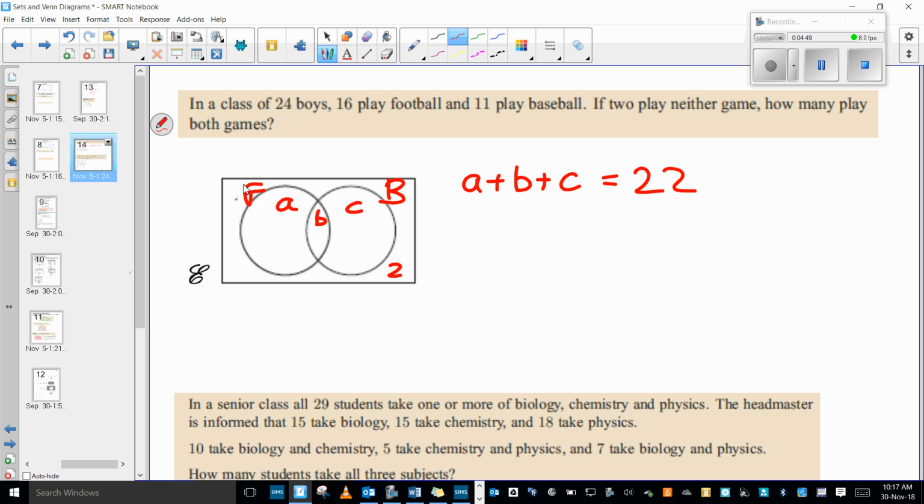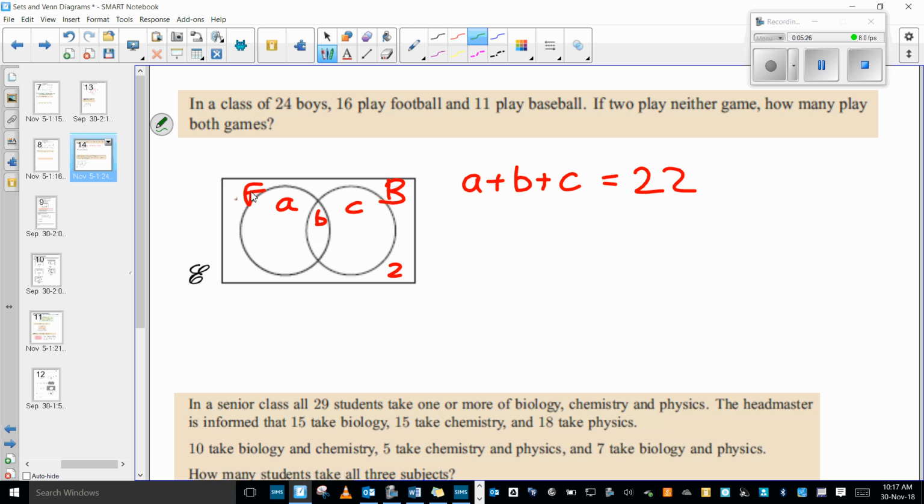Actually, A plus B plus C is 22, since the 2 who play neither are outside. So am I able to write any other equation? Do I know how many people play football? How could I describe the number of people playing football using letters? Emma? Be careful. Casey?